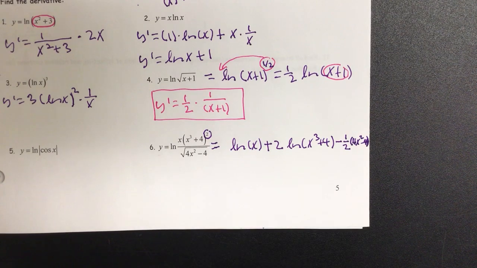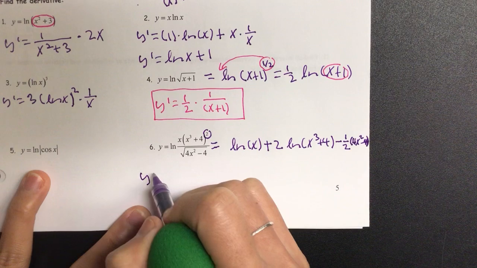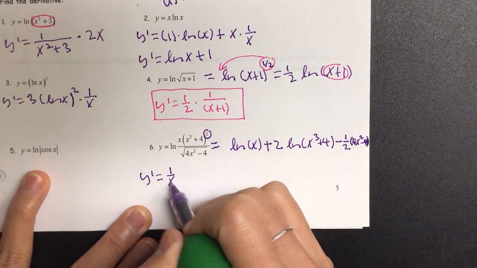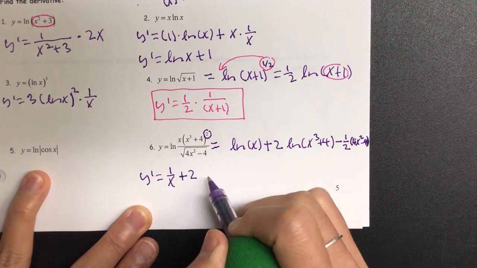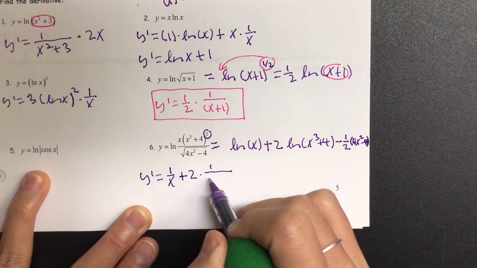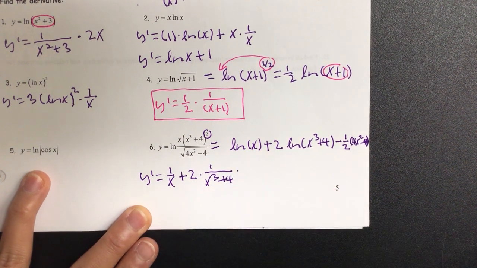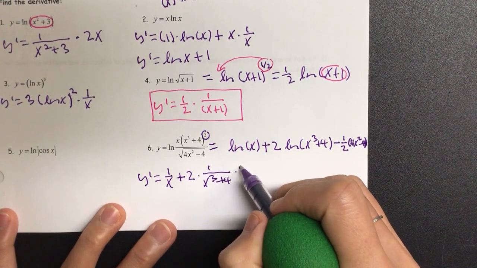So now let's go ahead and derive. When I do, I get y prime. The derivative of the first one is 1 over x. The second one, leave that 2 times 1 over that component times the derivative of that component. What is the derivative of the bottom? 3x squared.